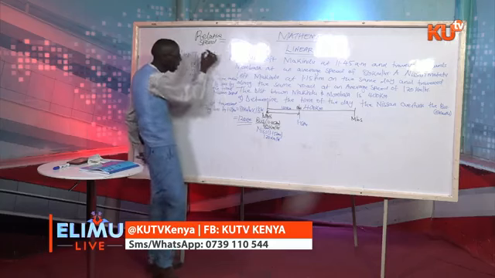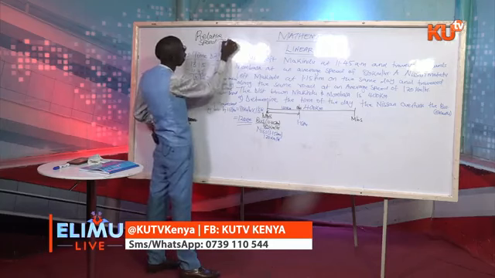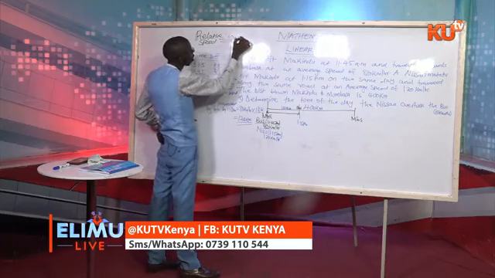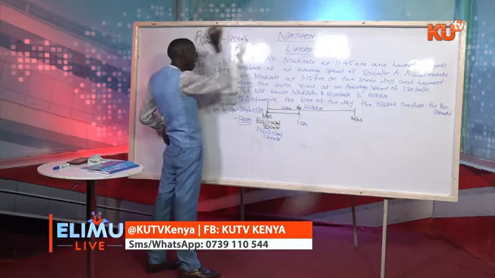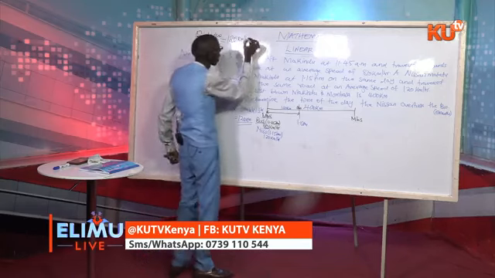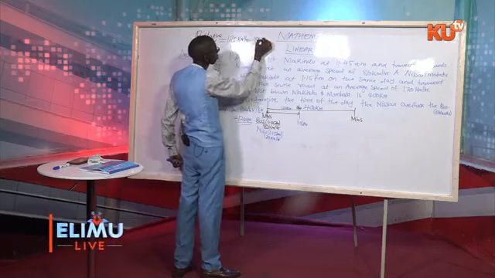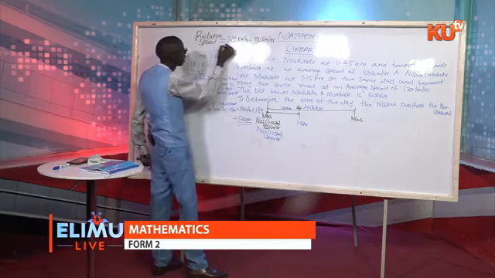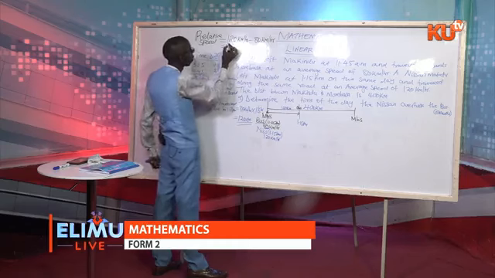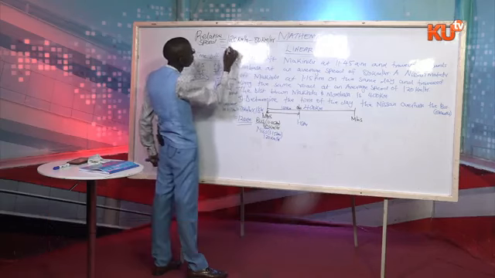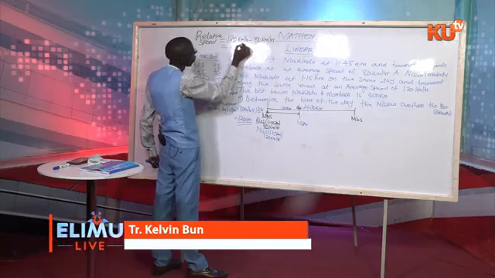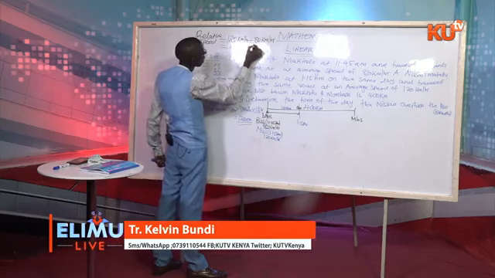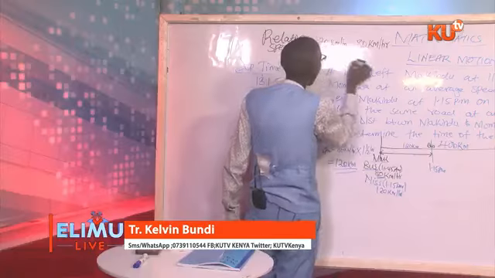So the relative speed will be 120 kilometers per hour, that is the highest speed, minus 80 kilometers per hour, which is the least speed. Our relative speed will be 120 minus 80, which is 40 kilometers per hour.